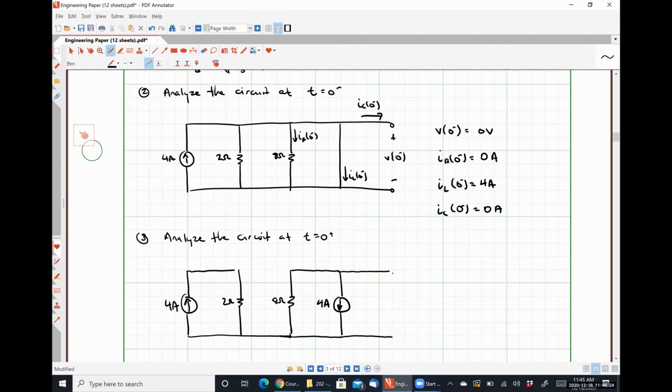Our capacitor is going to act like a voltage source, which has the exact same voltage polarity and magnitude as V at 0 minus. So if it's acting like a 0 volt source, that means it's a short circuit now at this specific instant in time.